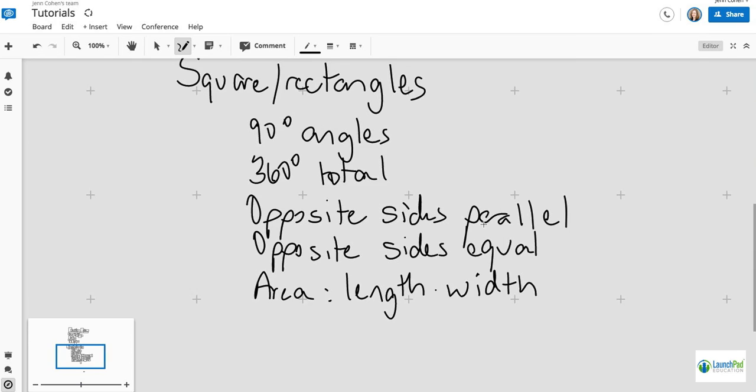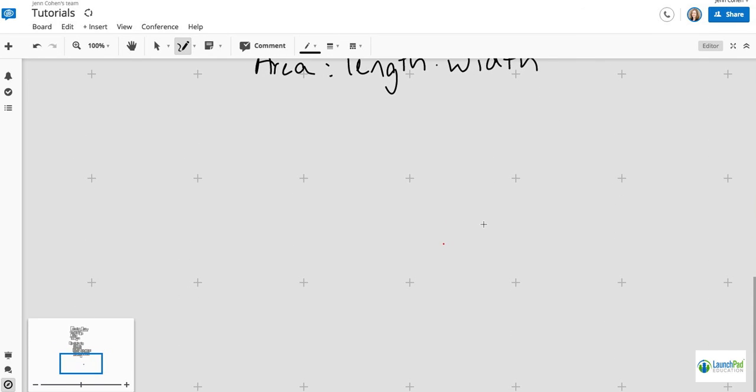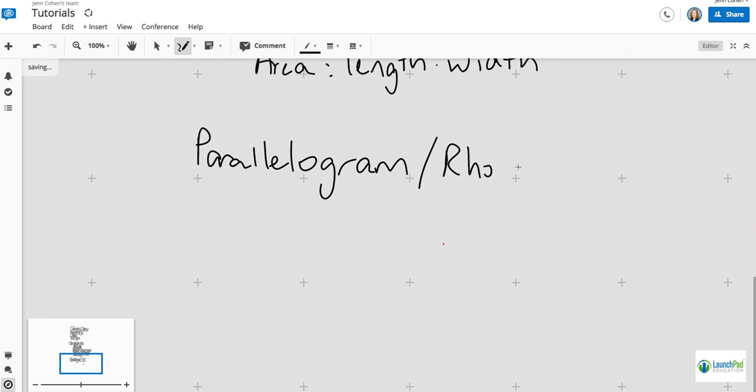A little more esoteric shape is a parallelogram, and its square equivalent, the rhombus. So a parallelogram looks something like this. Okay.